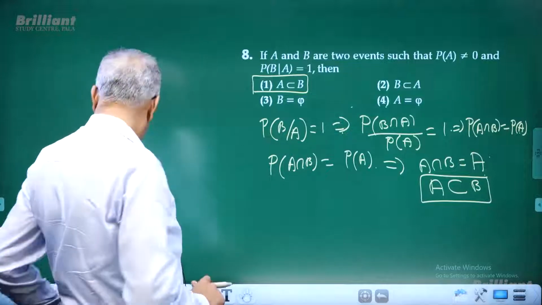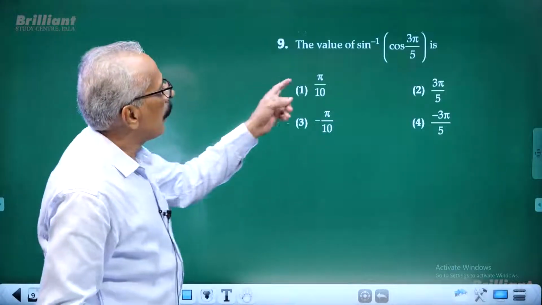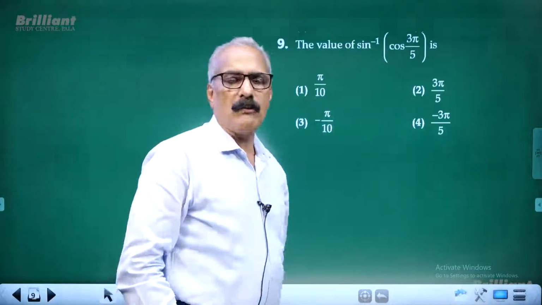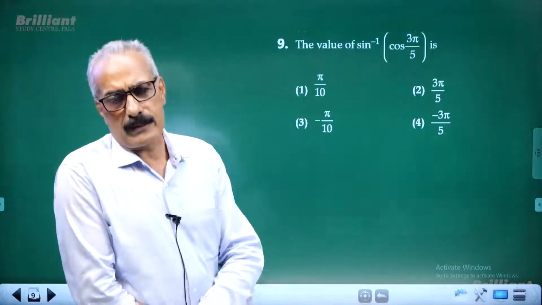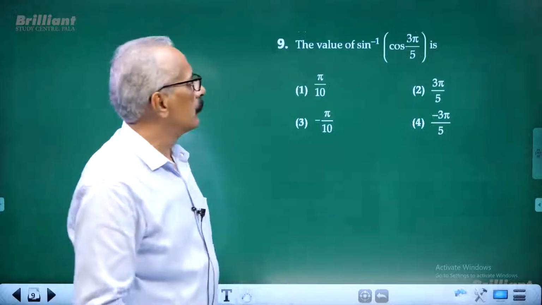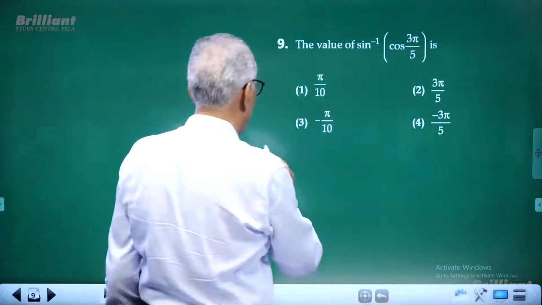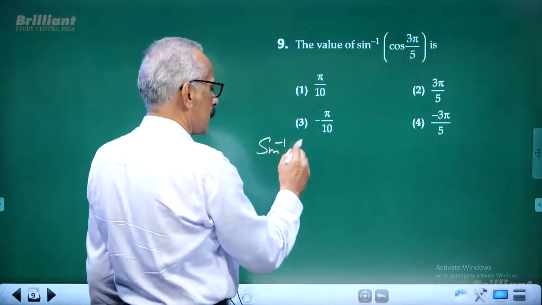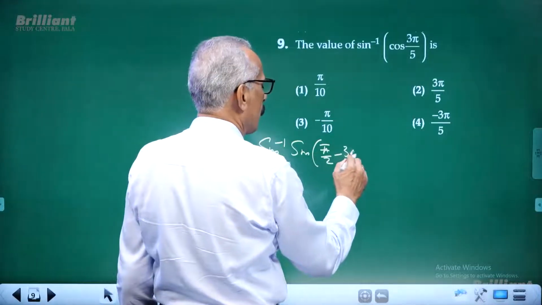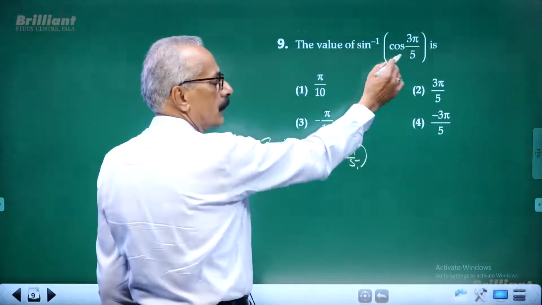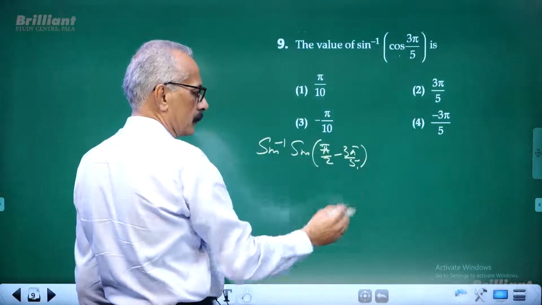Question number 9. The value of sine inverse cos of 3 pi by 5. Sine inverse sine x, that x should lie in the principal value branch. First of all, I write this as sine inverse sine of pi by 2 minus 3 pi by 5, since cos theta is sine of pi by 2 minus theta.